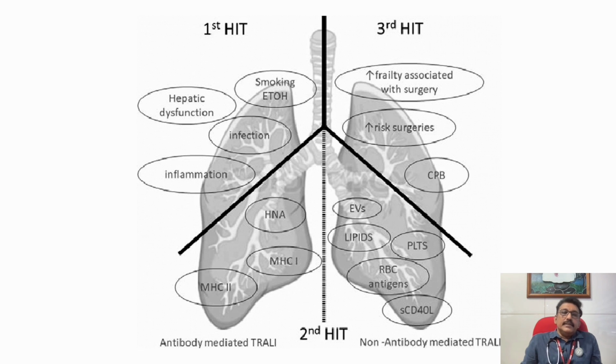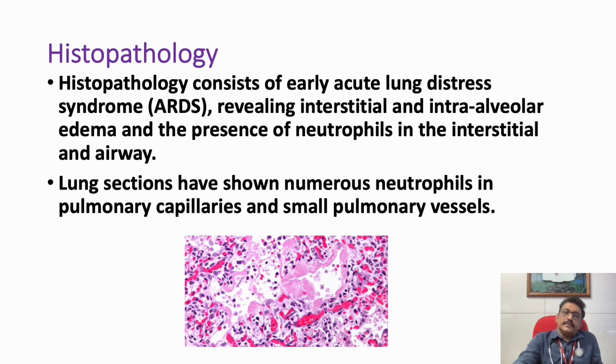Whether it is first hit, second hit or third hit, the problem is that there is vascular injury, endothelial injury in the pulmonary circulation. Through that endothelial injury, blood or plasma will enter the alveoli. That will produce ARDS-like features in the patient.